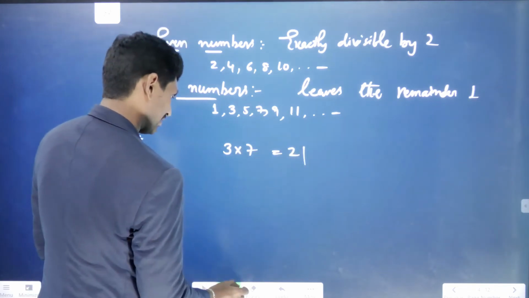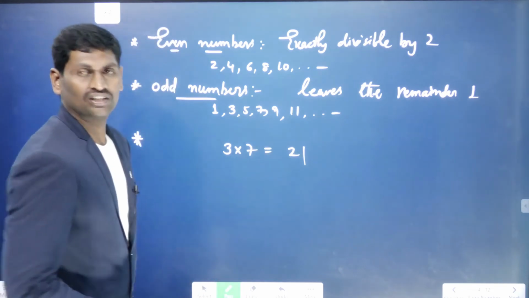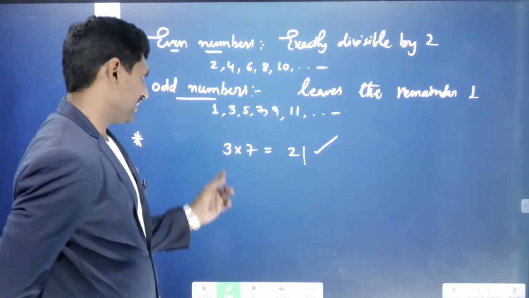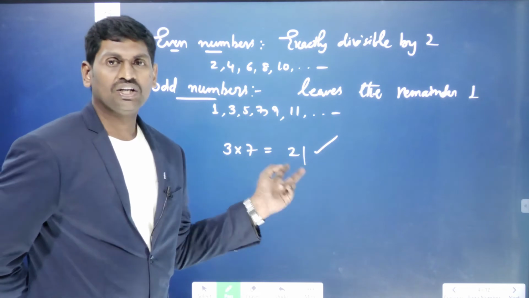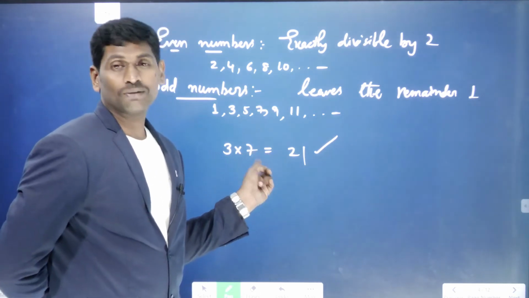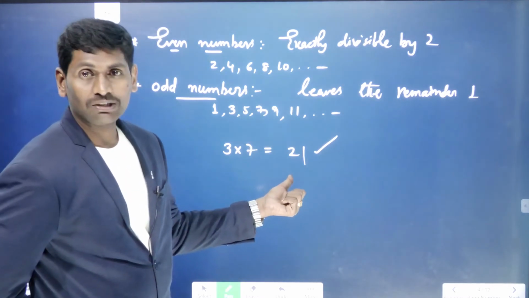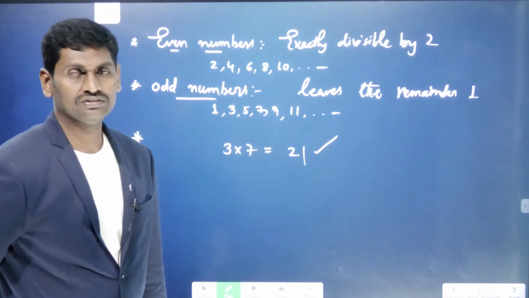I am just taking a table. 3 sevens are 21. Here 21 is a multiple of 3, because 21 comes in the 3 table. As well, 21 is a multiple of 7 also. So here 21 is a multiple of both 3 and 7. Okay?